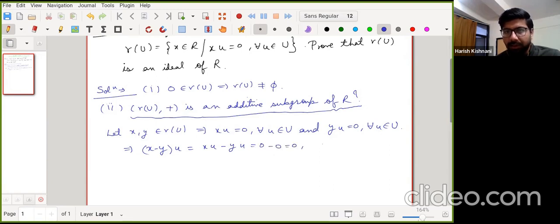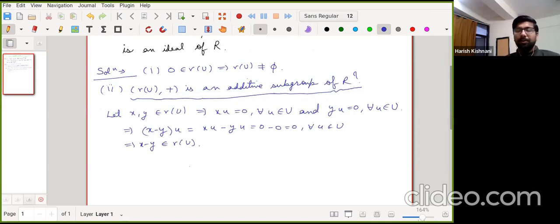That holds for all elements of U, and thus X minus Y is also inside R of U. So it's an additive subgroup of R.